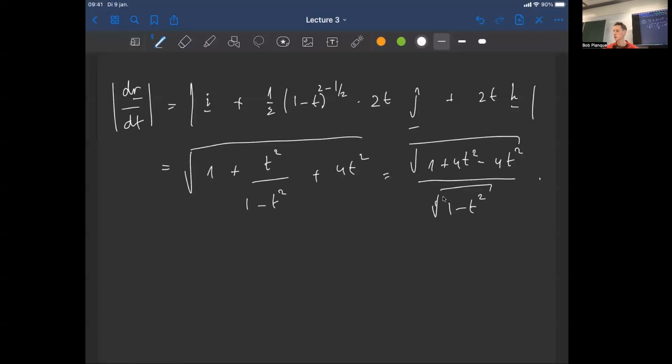But you do notice that the square root of 1 minus t squared is in the denominator, and y is in the integrand, xy. We have to integrate x times y, and y equals the square root of 1 minus t squared. So those are going to cancel. 4t squared as well. No, it's 4t to the 4th, sorry. But you're right, otherwise they would also cancel.